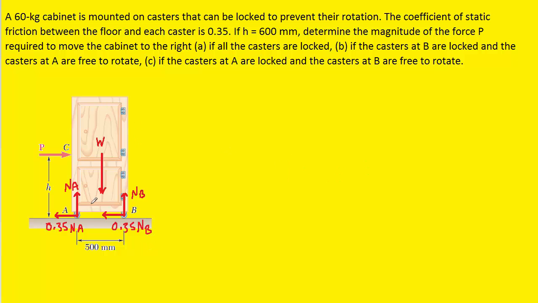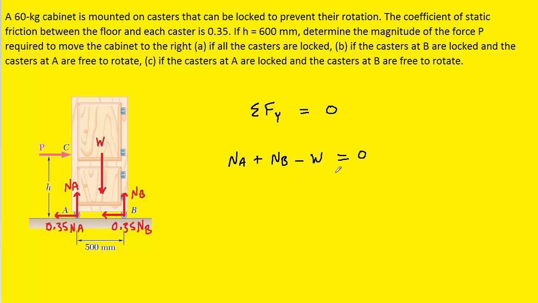Now, since this cabinet is not accelerating, it's basically in equilibrium, we know that the sum of the forces in the y direction must equal 0. And we have three forces in the y direction. We have the NA and NB, which are pointing straight up, so those will be positive. And then we have the weight, which is pointing straight down, so we would have minus W, and that would be set equal to 0.